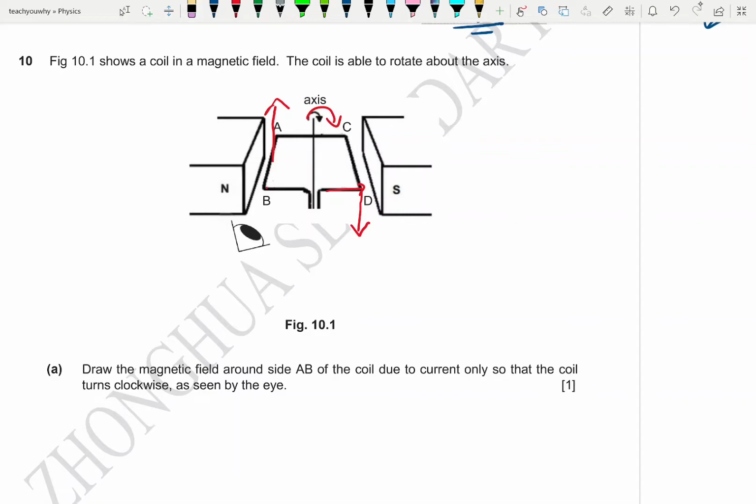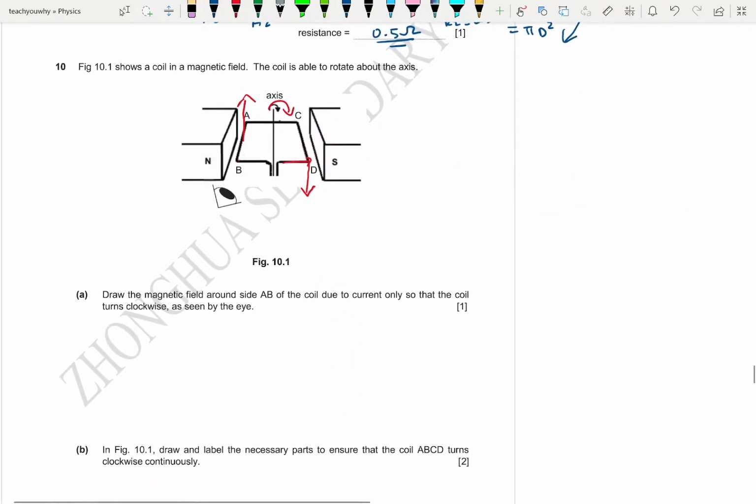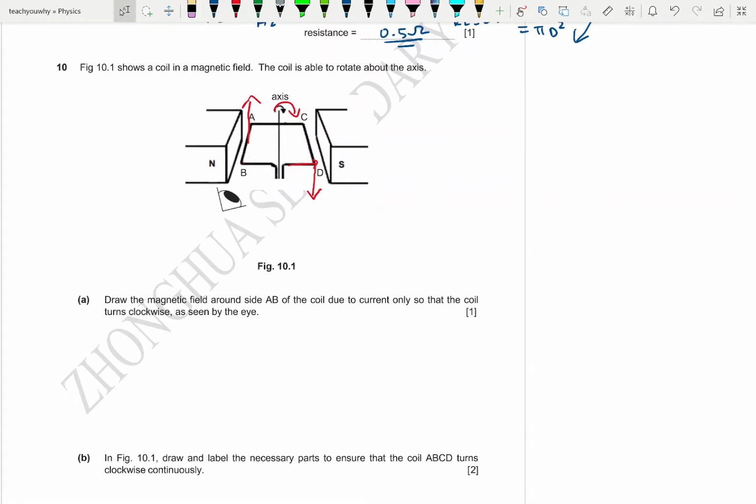Draw the magnetic field around the side of AB of the coil due to the current only so that the coil turns clockwise as seen by the eyes.